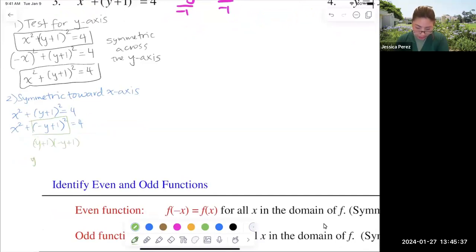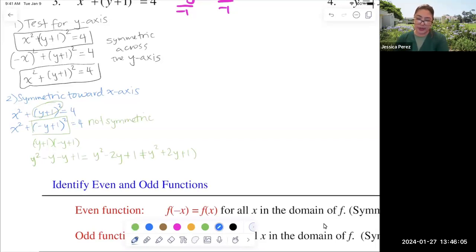That's y squared minus y minus y plus 1, which is y squared minus 2y plus 1, which is not equal to y squared plus 2y plus 1 from y plus 1 squared. So this one is not symmetric because it's not the same. It's not symmetric towards that. Okay.